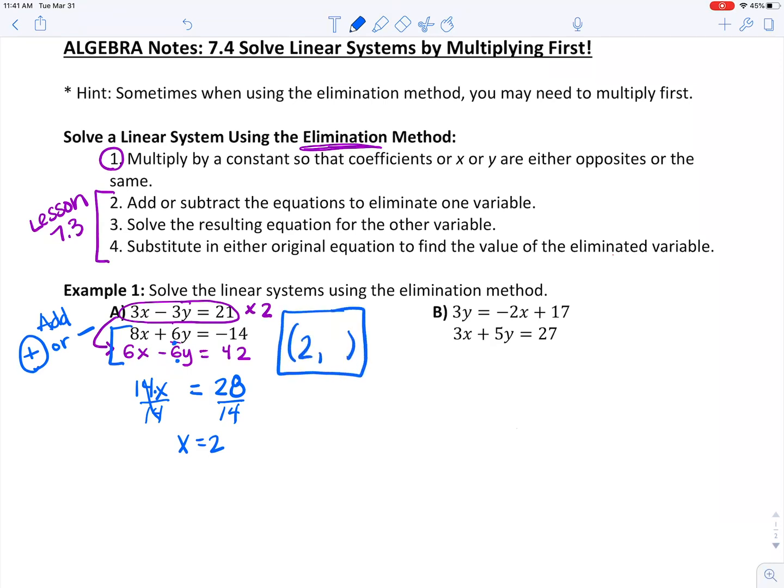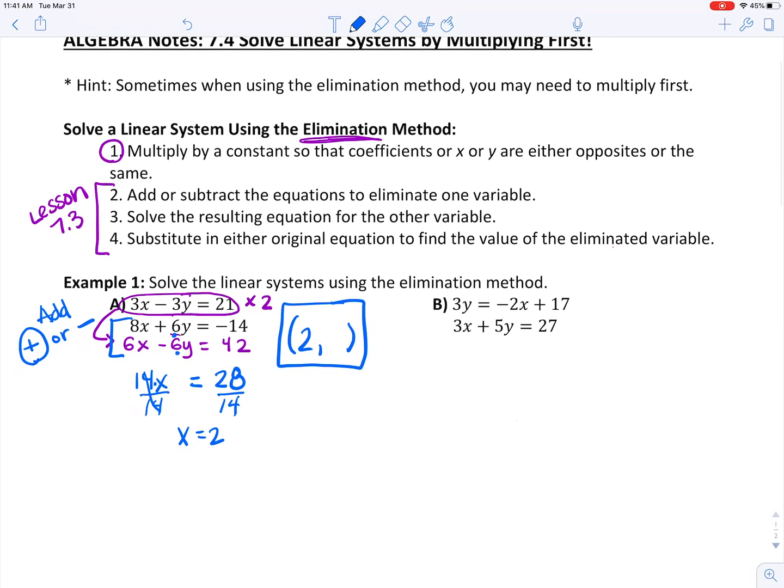Now we still do need to solve for y, just like our last lesson. So I can plug this x equals 2 into any one of these now 3 equations. It really doesn't matter which one. I'm going to choose to use this top one up here that I circled, but again, you could do any of them. If I do that top one, I have 3x, which we know is 2, minus 3y equals 21.